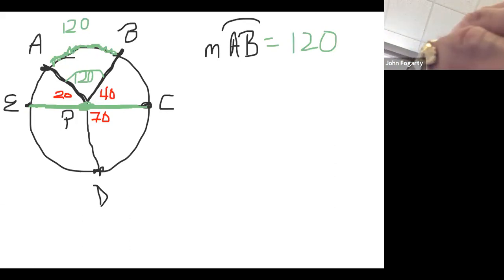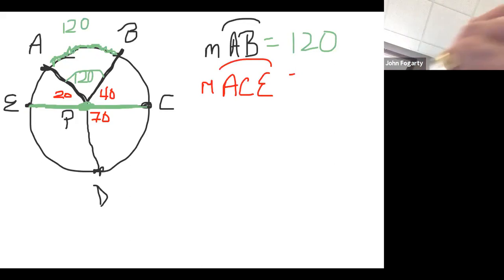What is the measure of arc ACE? Well, we're going to go from A to E, but I'm not doing the short one. I'm not doing this one. Why not? Because they told me what? What's that C in the middle mean?